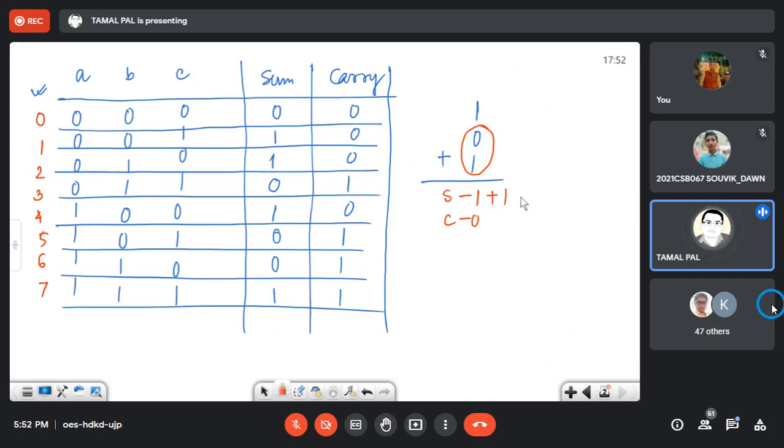So after that addition, sum should be 0 and carry should be 1, because 1 plus 1 means 0 and 1 carry, so it becomes 1. So it is 0 and 1. Any doubt? Check it. If you have any doubt, then clarify.